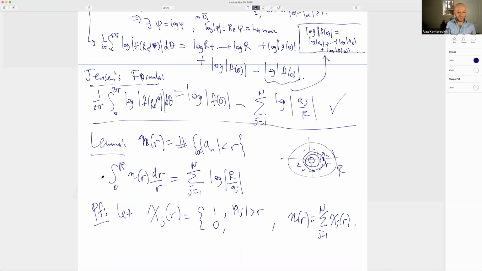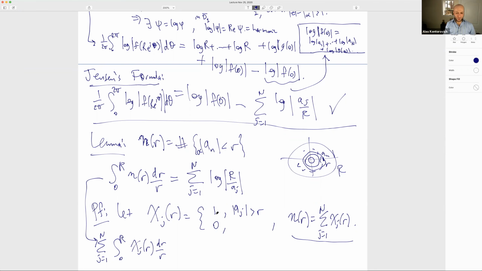Okay, well, this is completely trivial then, because it's an integral from 0 to r of a sum, and of course I'm going to reverse orders, a sum as j goes from 1 to n of the integral of chi j of r dr over r. Does that make sense? All I did is I plugged in what n of r is.